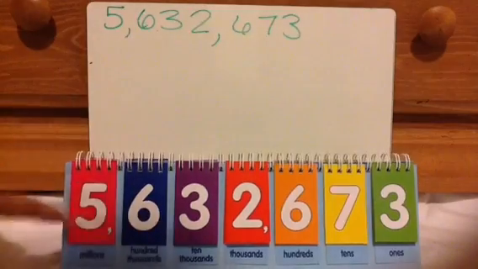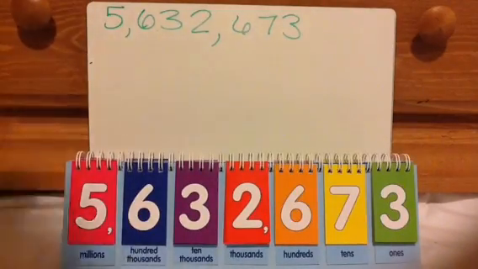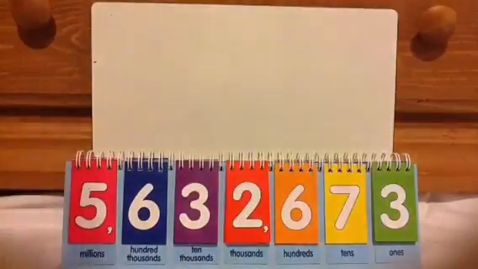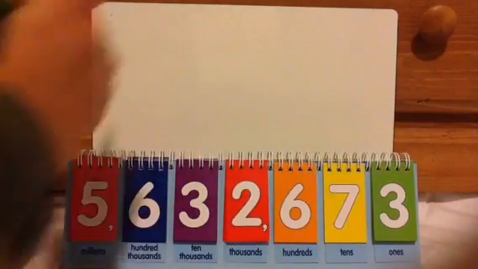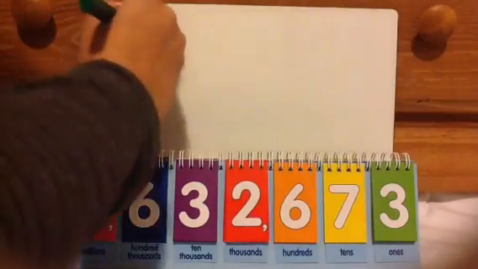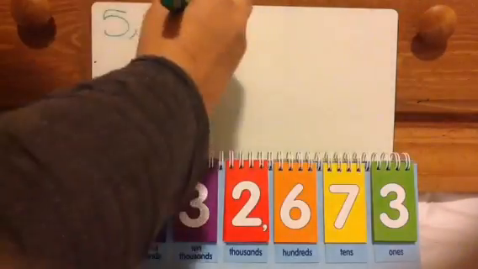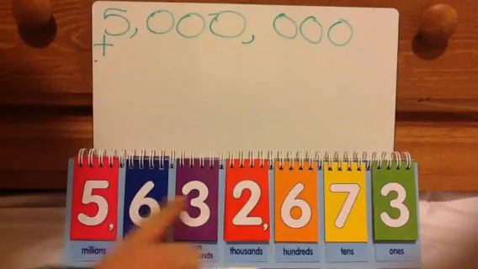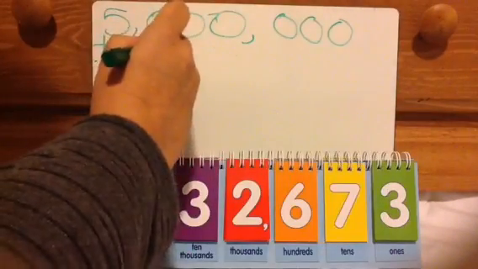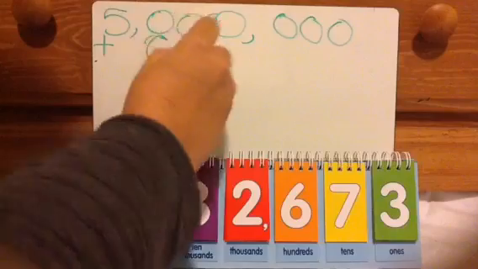Because of space, I'm not going to write the whole number out. This number here is the millions, so I'm going to say 5 million plus 600,000. Now the 100,000s place is over here.